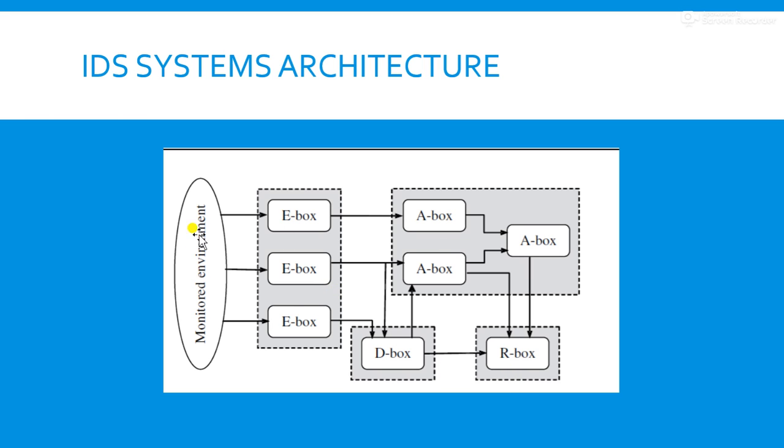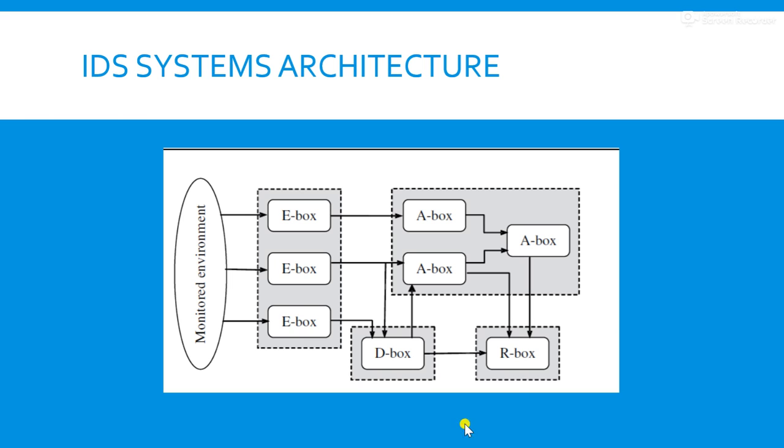The environment is directly monitored by event boxes. These event boxes are composed of sensor elements that monitor the target system and record all the information events that are then analyzed by the other blocks.